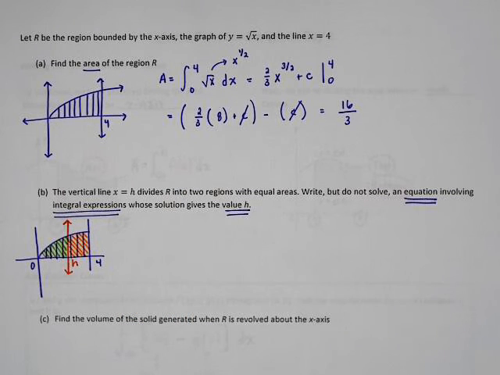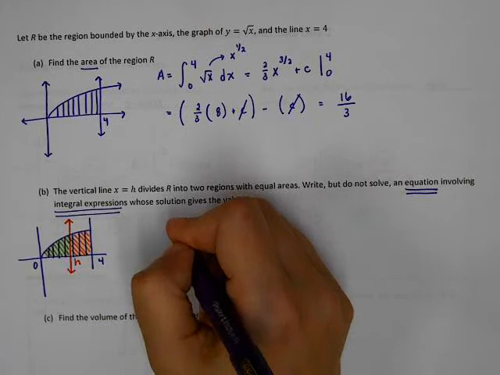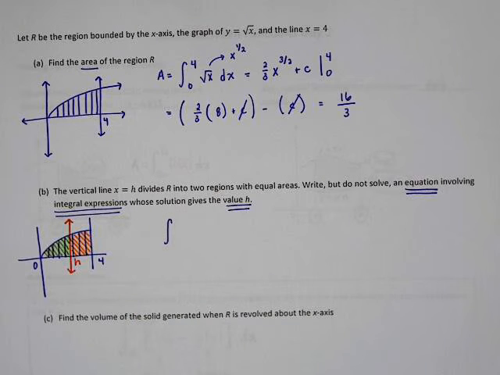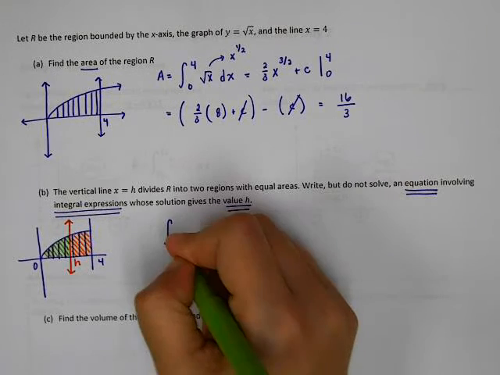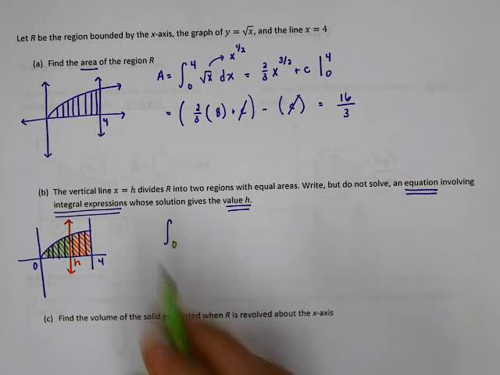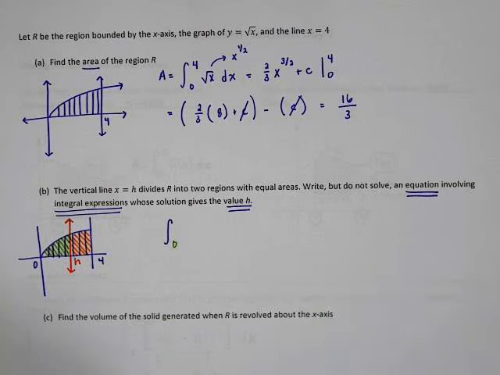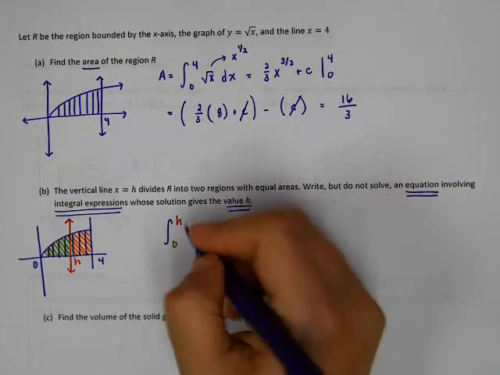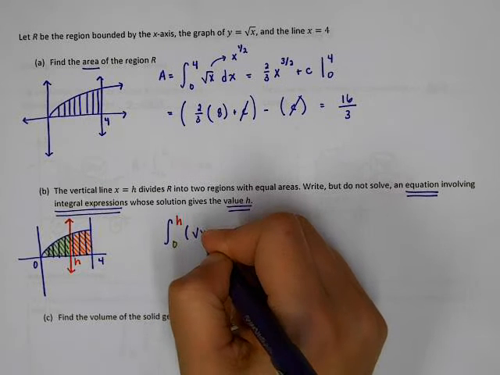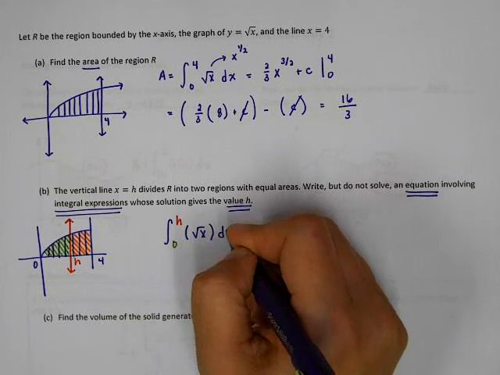So in order to figure this out, we need to set up an equation that shows us that those two areas would be equal. So the area on the left side would be the integral from 0 to wherever h is. My left side area stops at this vertical line, so I would put h here. And then I would do top minus bottom, which is the square root of x dx.